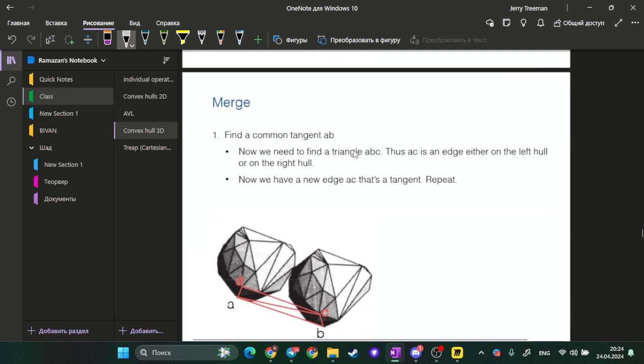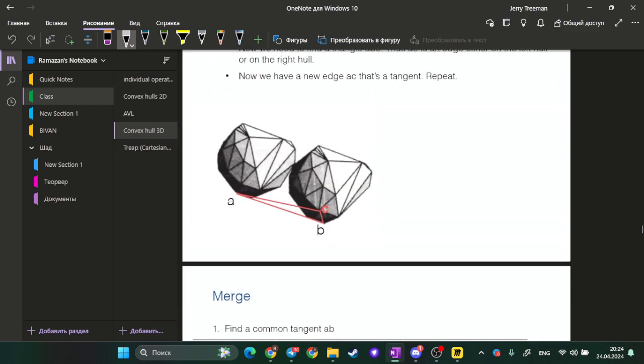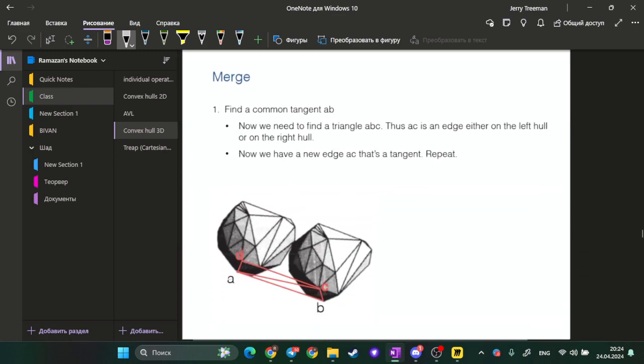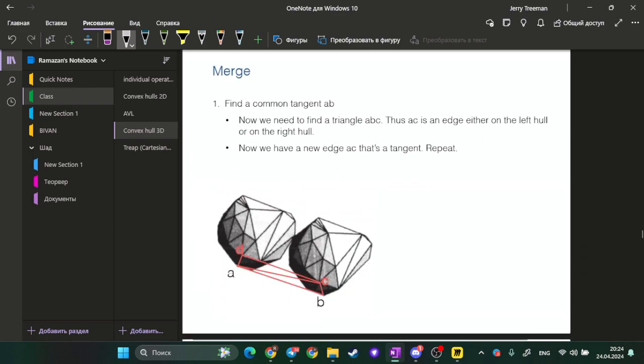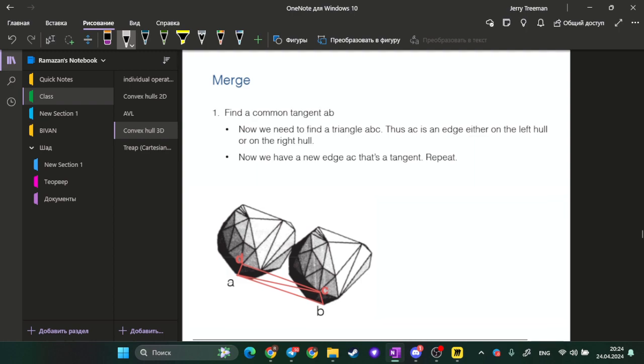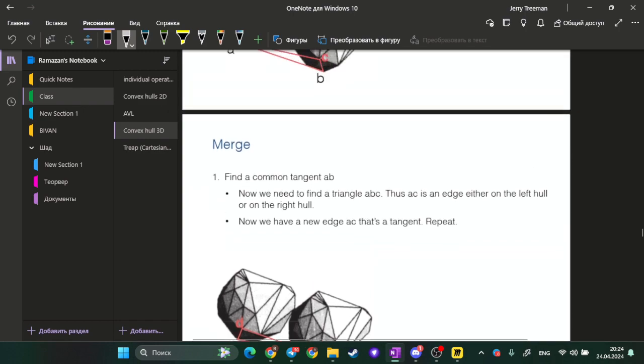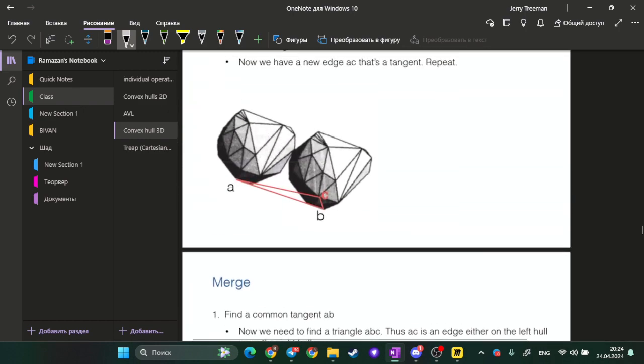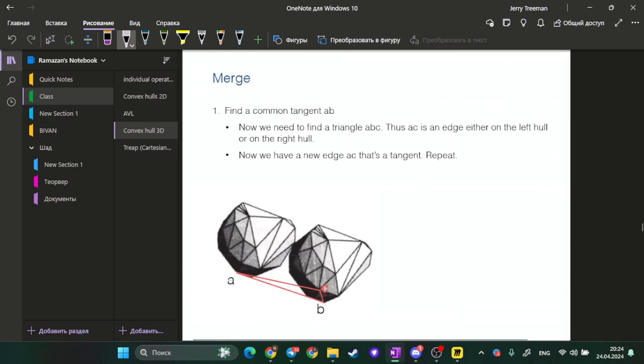Jarvis warping. No, we just... Sorry. How can we do it? How can we find d fast instead of on? Now we need to find a triangle ABC.